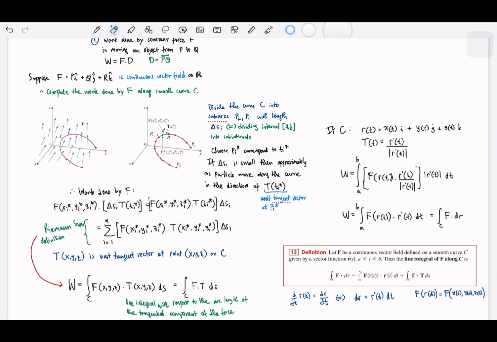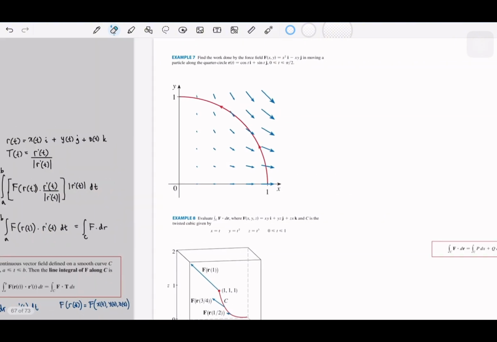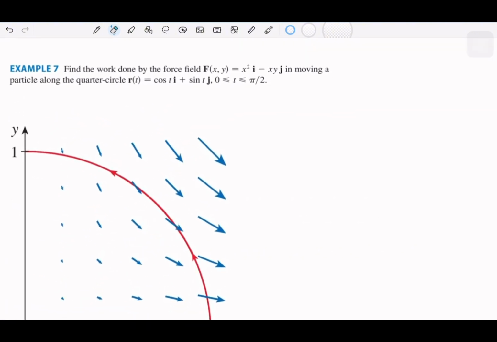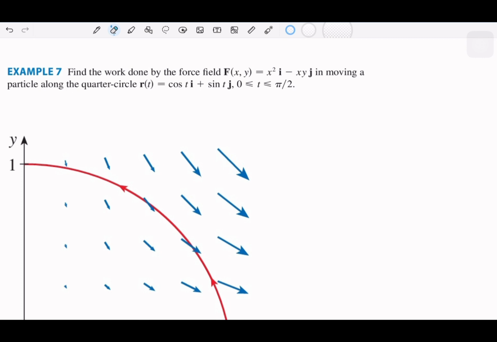Okay, let me give you examples. So first is this. We have a vector field f, which is just a two-dimensional vector, and then we have the r, the vector position for the curve, basically cosine t on the x-axis and sine t on the y-axis, and you have the parameters.